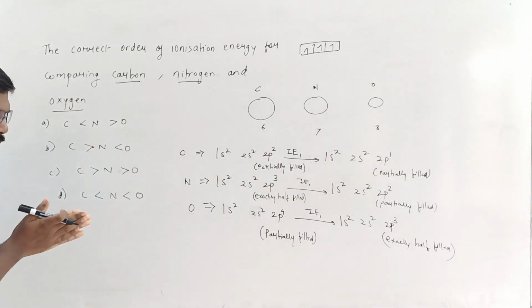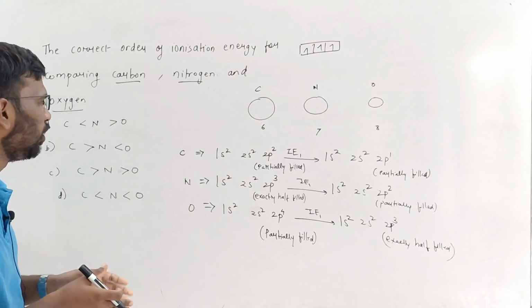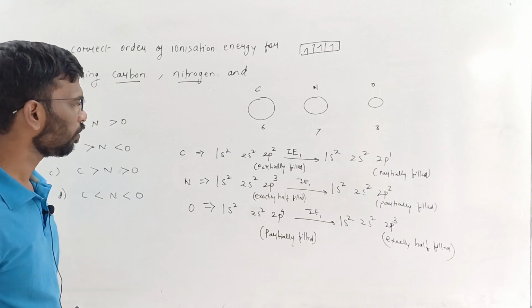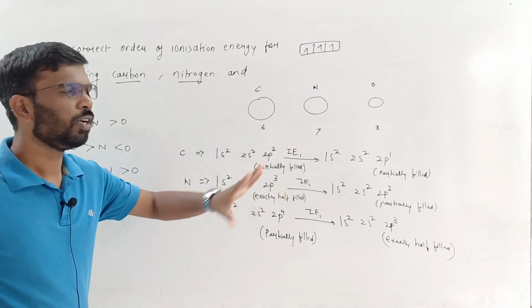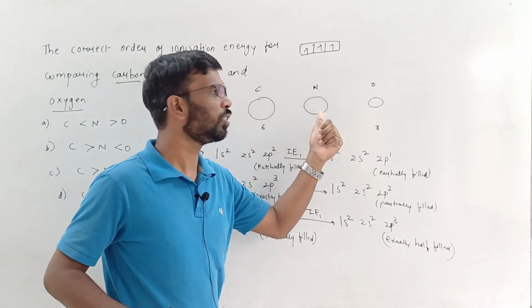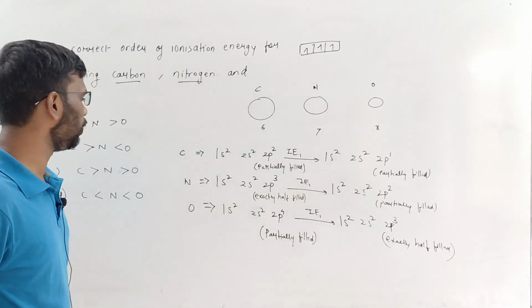What could be the maximum energy required among these? It is this one, exactly half filled going to partially filled. Although nitrogen size is bigger than oxygen, this will require more energy.